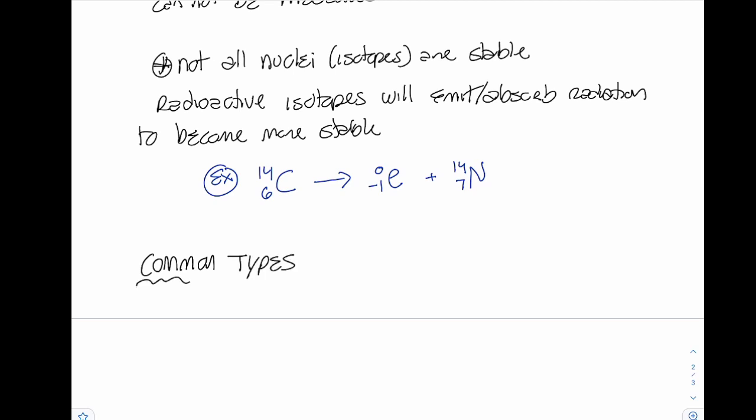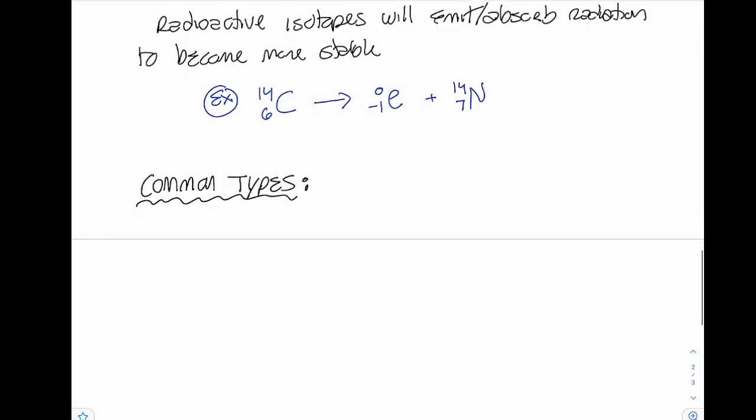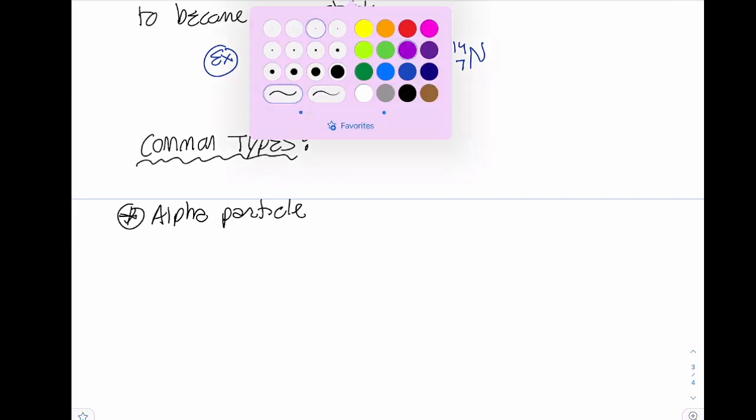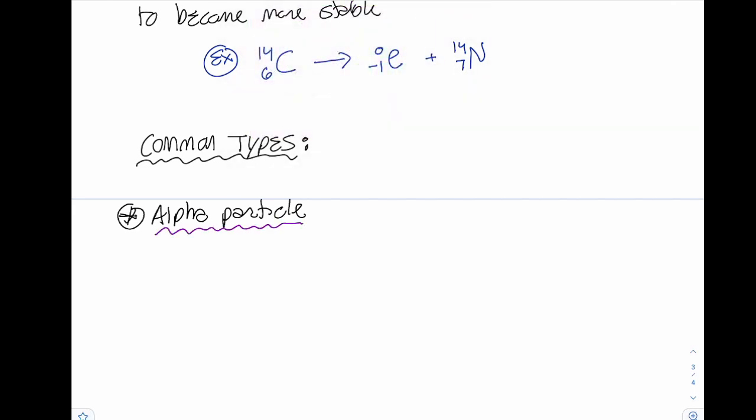So, radiation types. These are common ways nuclei can decay to become something that's more stable. Our first one is an alpha particle. We could say alpha emission, alpha decay, alpha radiation, all of those terms work here. Our symbol is the Greek letter alpha.